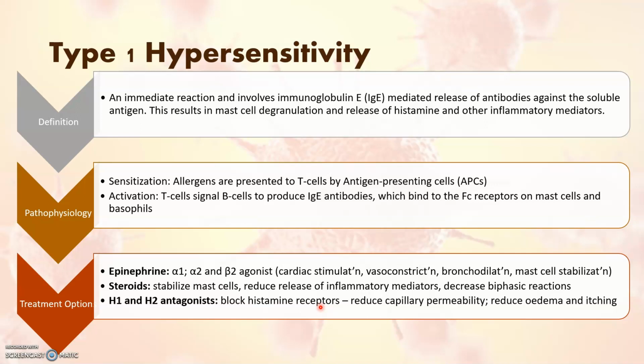However, if the effects of the inflammatory response cause any life-threatening problems in any single organ system, that would be seen as an anaphylactic reaction. So if the patient has things like airway obstruction, bronchospasm, or hypotension, then this would be categorized as an anaphylactic reaction.